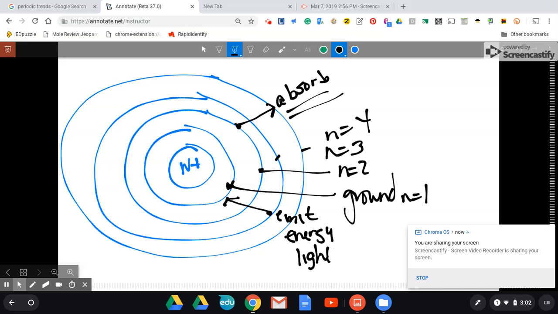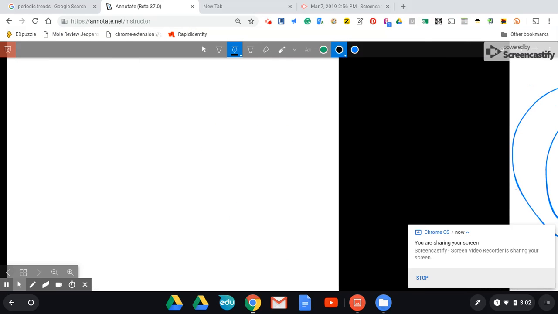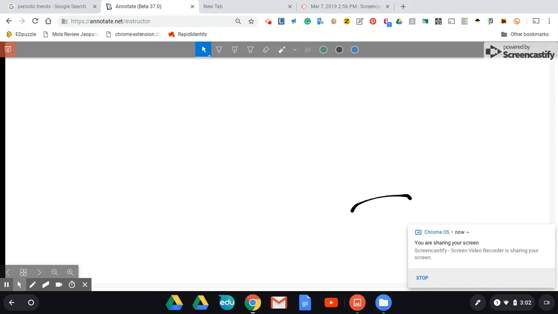So here's what you need to know. Let's say there's 3 kinds of light.